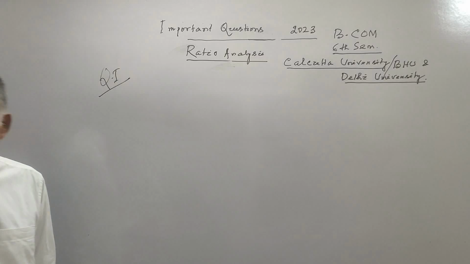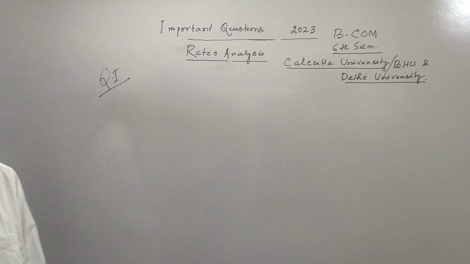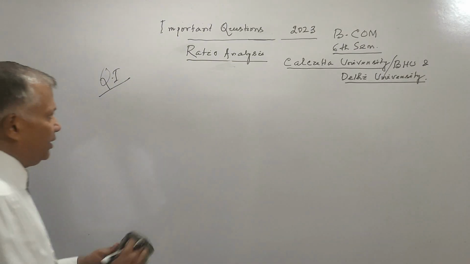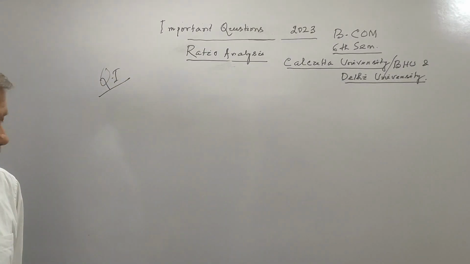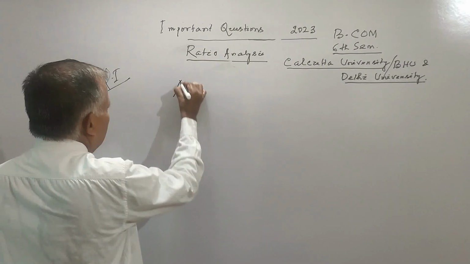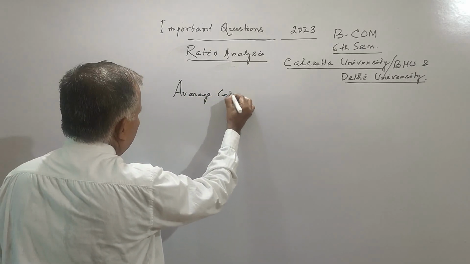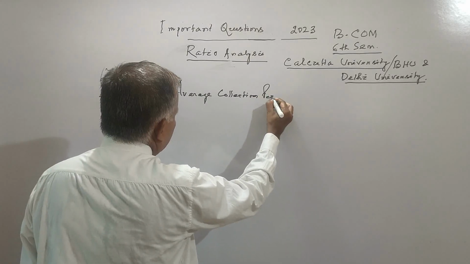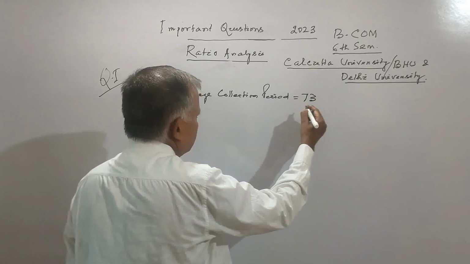Now let us come to debtor. How to find out the debtor? We can find out the debtor from the collection period. They have given you the average collection period as 73 days.